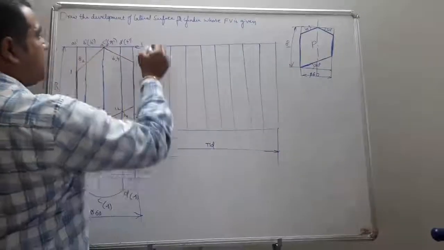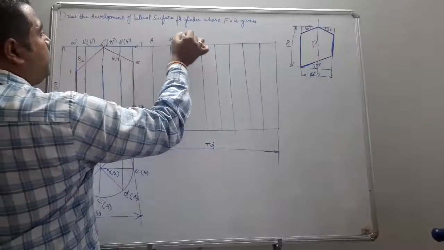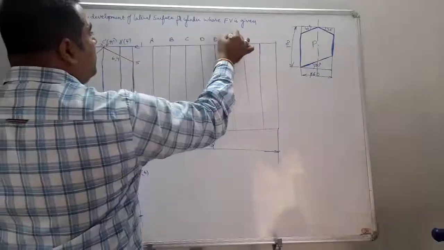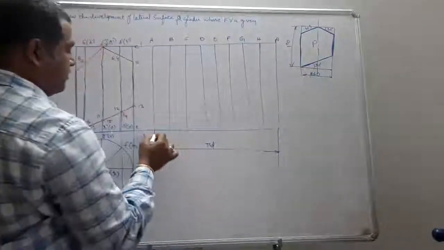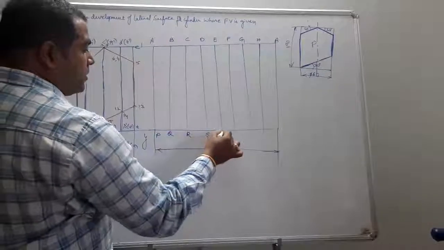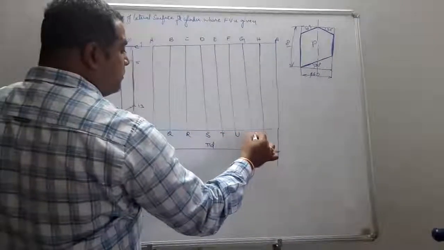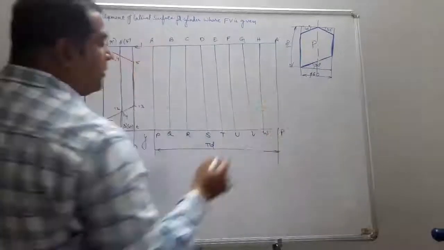Let us name the points: A, B, C, D, E, F, G, H, and again A. Similarly, it is P, Q, R, S, T, U, V, W, and again P.